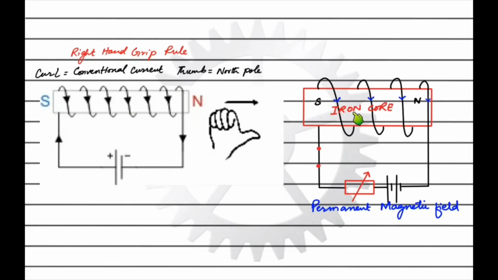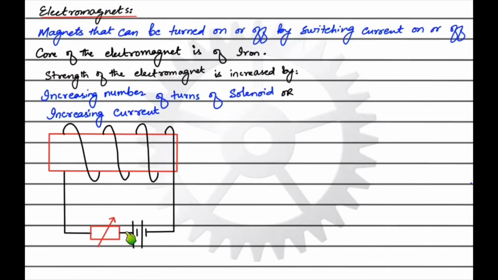By using the right hand grip rule, you can find out that this solenoid has induced magnetic north towards the right and hence south pole towards the left. In this case, the positive charge is flowing from the positive terminal, which is the bigger terminal, to the negative terminal. So by this you can draw the current direction, and this is drawn.